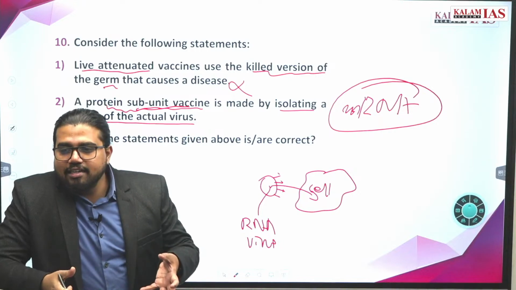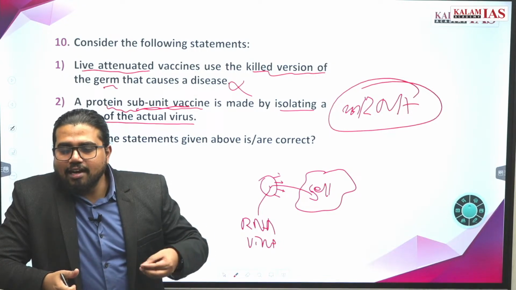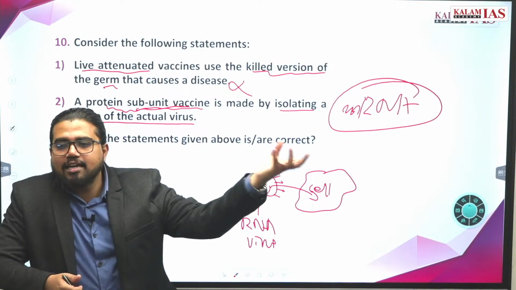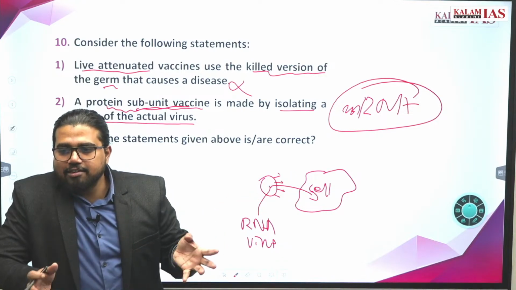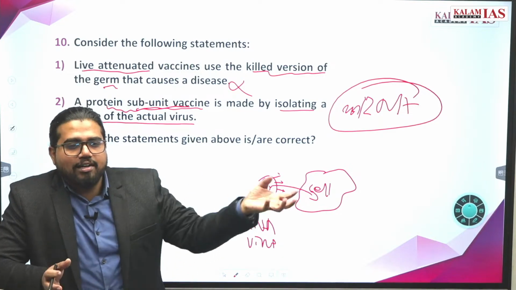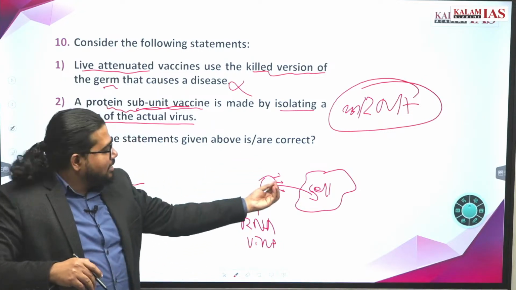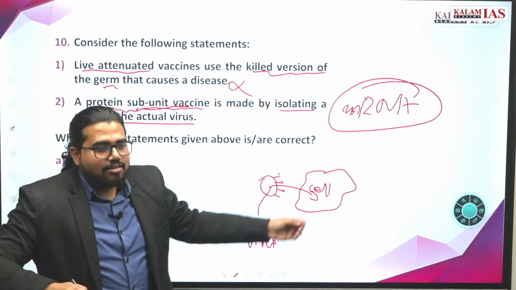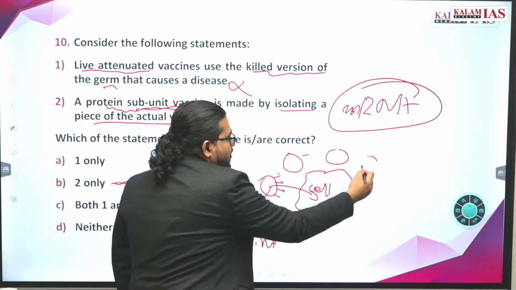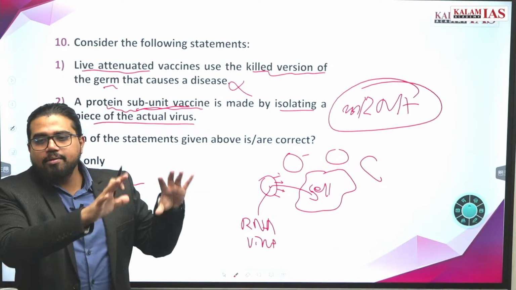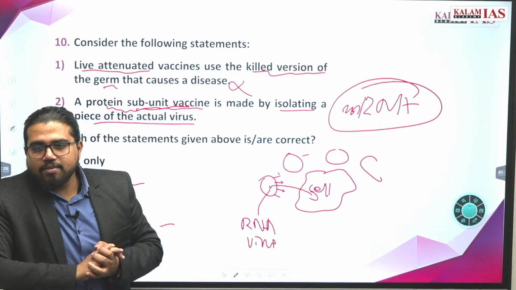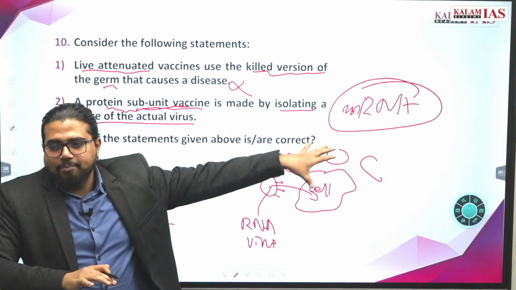And what is RNA? RNA contains a message to produce certain kinds of stuff. And the message is to create more virus. Then it will replicate more corona and you get infected. This is how a corona or viral attack generally happens.